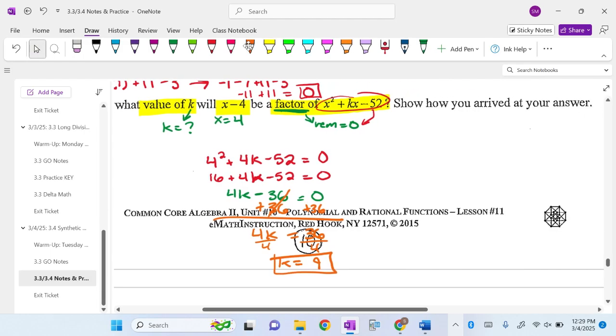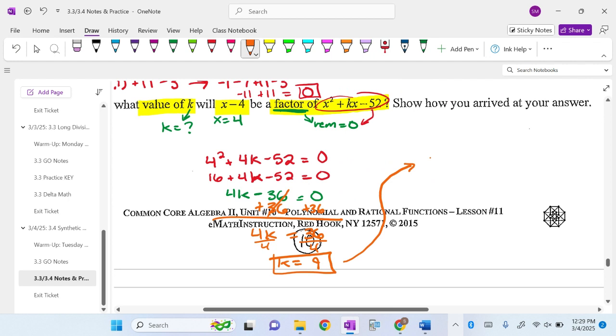So in other words, if I had x squared plus 9x minus 52, then x minus 4 would be a factor.